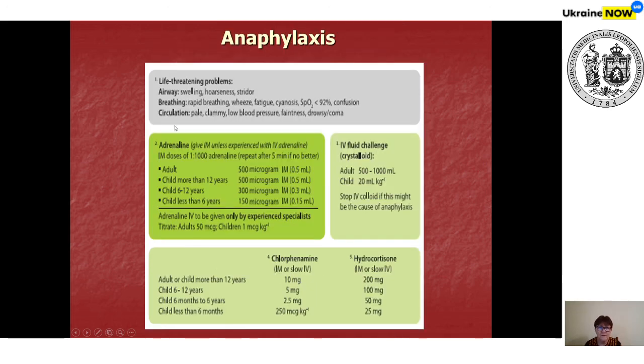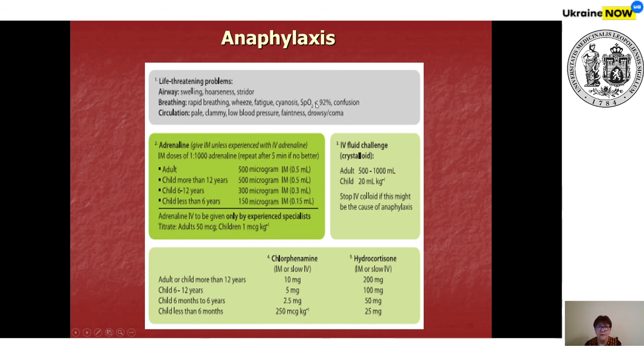You can check for life-threatening problems in anaphylaxis, such as airway swelling, hoarseness, stridor, rapid breathing, wheezing, fatigue, cyanosis, saturation decrease less than 92%, confusion, circulation problems, pale skin, clammy, low blood pressure, faintness, drowsy, and comatose state.